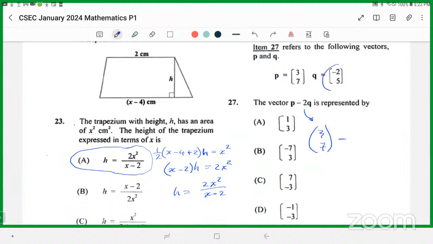So we're going to write what that 2 times this will be. 2 times this minus 2 will be minus 4. And 2 times this 5 will be 10. That's what we're working out. So it becomes 3 minus a negative 4. That's 3 plus 4 is 7.